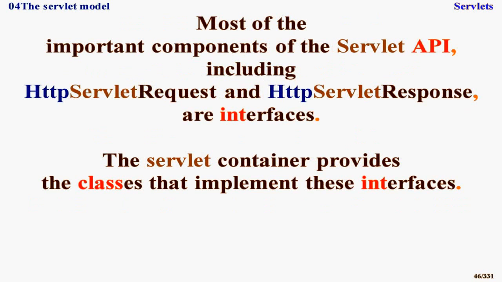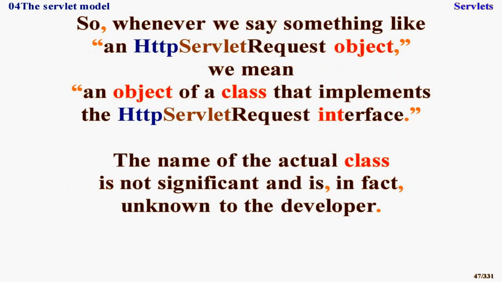The servlet container provides the classes that implement these interfaces. So, whenever we say something like an HttpServletRequest object, we mean an object of a class that implements the HttpServletRequest interface. The name of the actual class is not significant and is, in fact, unknown to the developer.